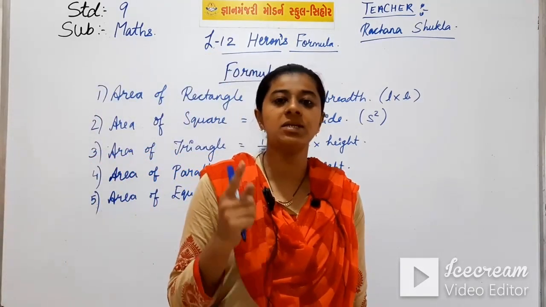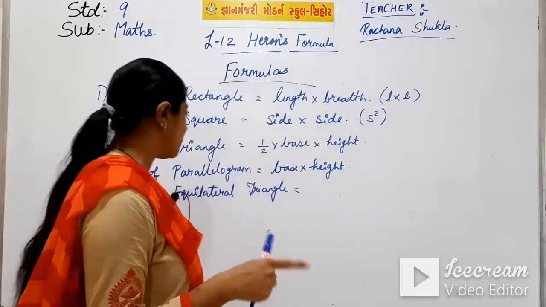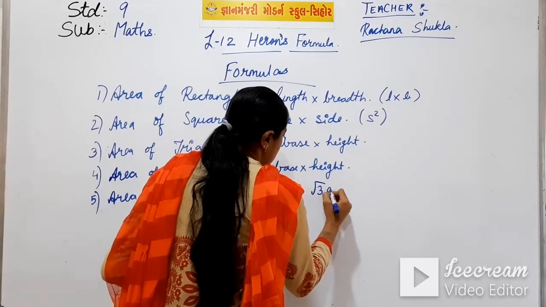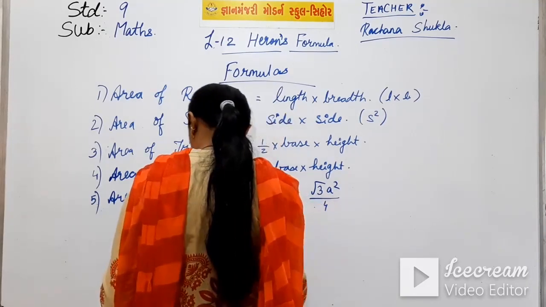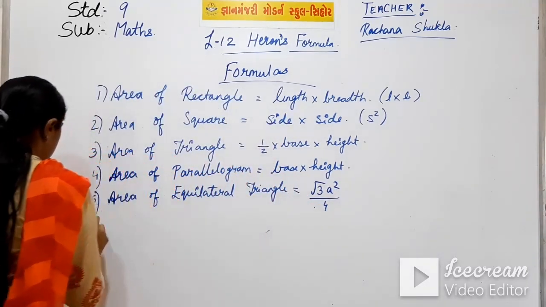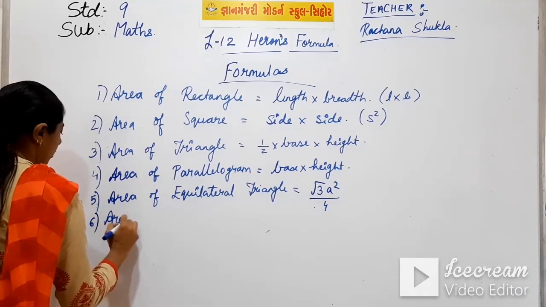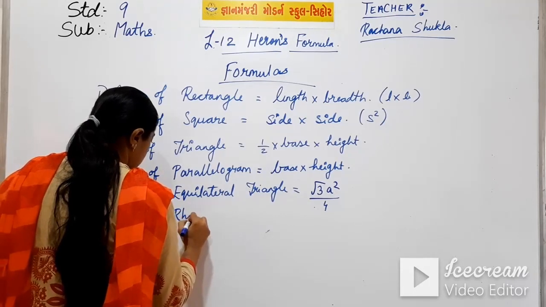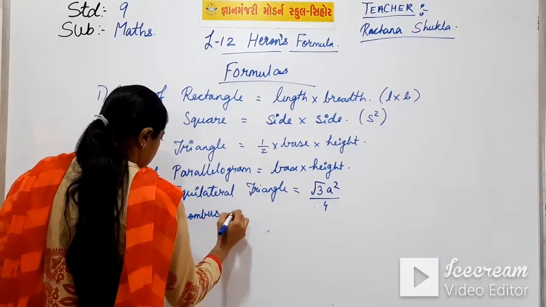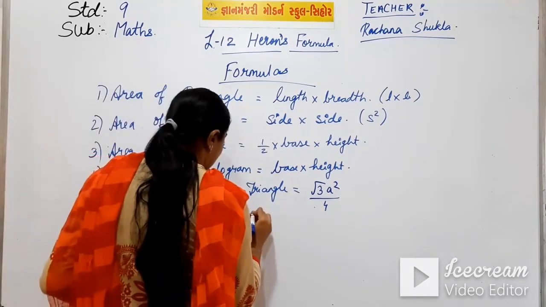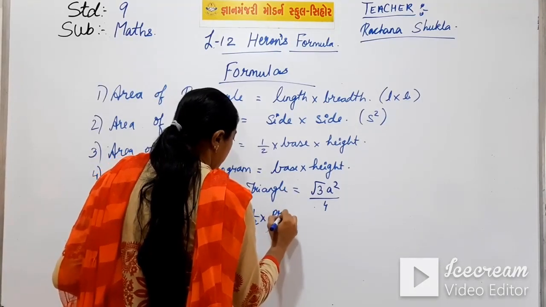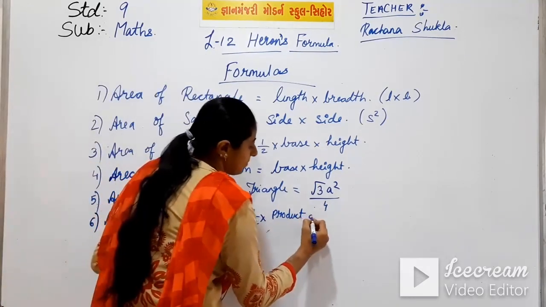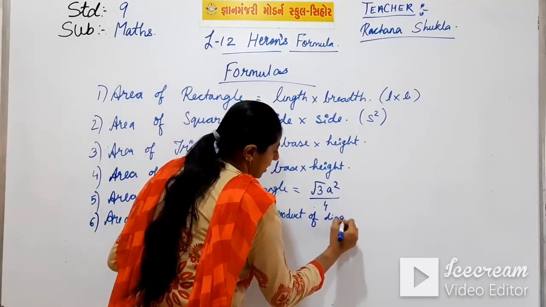And the formula is root 3 into a square upon 4. Then area of rhombus. In that, half into product. Product means multiply. Product of diagonals, both the diagonals.